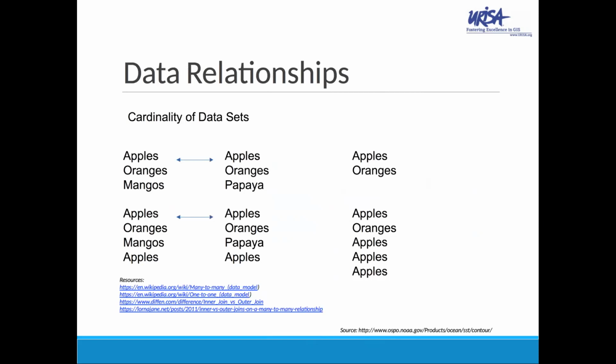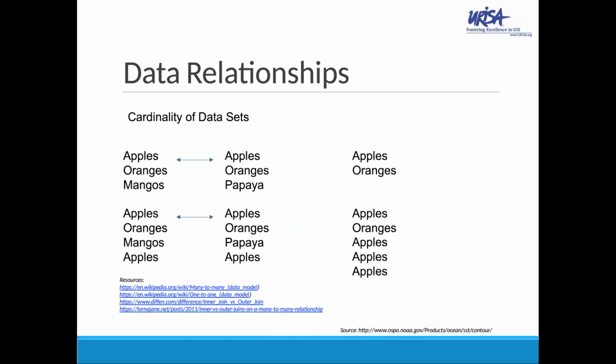In addition to the links down below, there are a couple of additional links on Esri's website about these sorts of joins. If you're starting to use Esri's ArcGIS Pro, you'll see more and more of these terms of outer and inner joins.